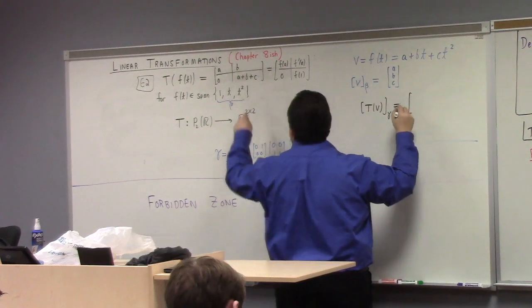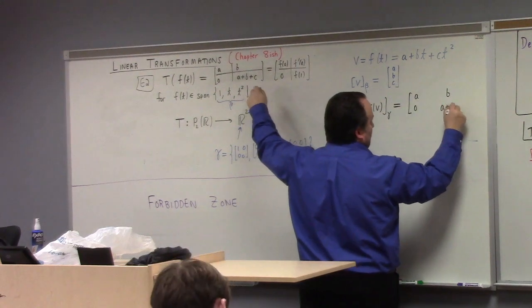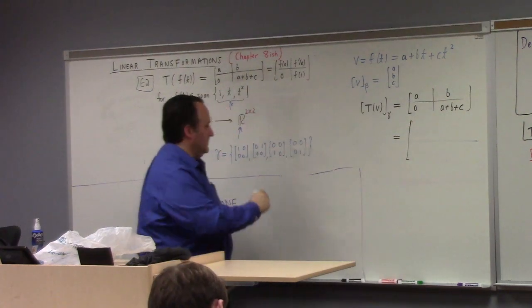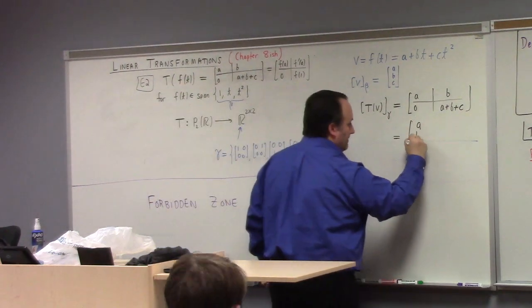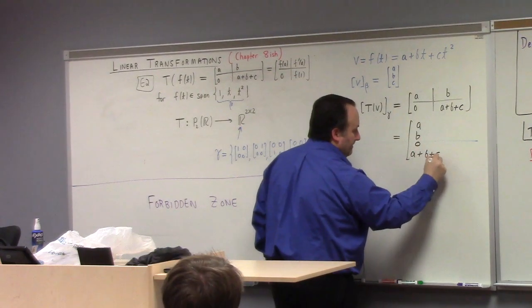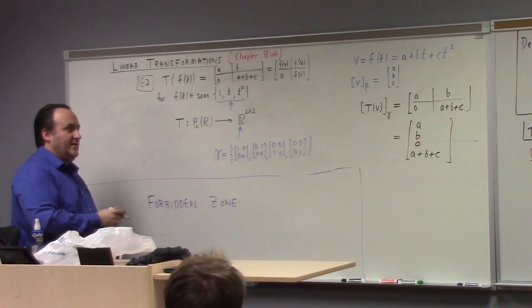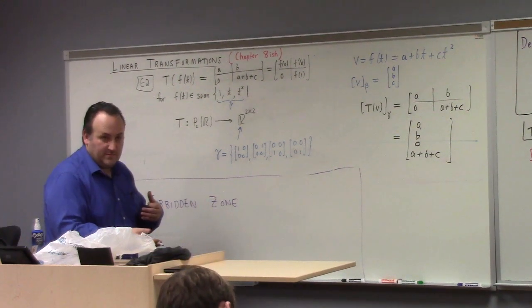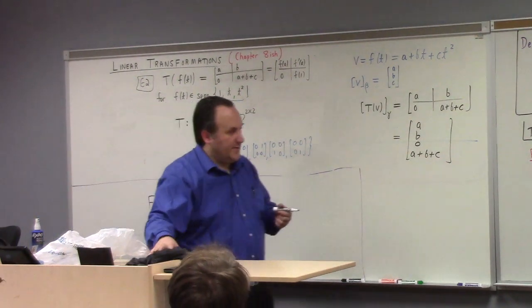We're asking what's the coordinate of the matrix A, B, 0, A plus B plus C. That is A, B, 0, A plus B plus C. So we have now calculated the coordinate vector of an arbitrary input and the coordinate vector of an arbitrary output. Now we're in the position of asking what is the matrix of the transformation with respect to beta and gamma.